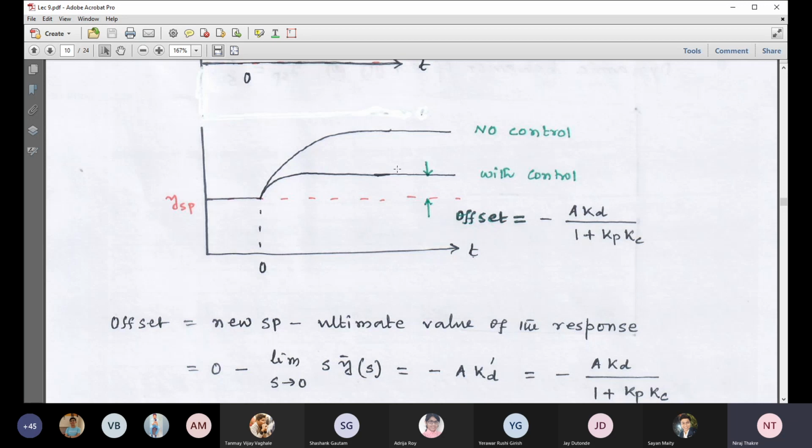I think you know all now. For the regulatory case, new set point is basically 0. For the ultimate value of the response, you simply apply the final value theorem and get the offset.